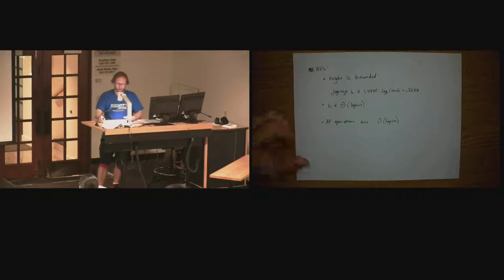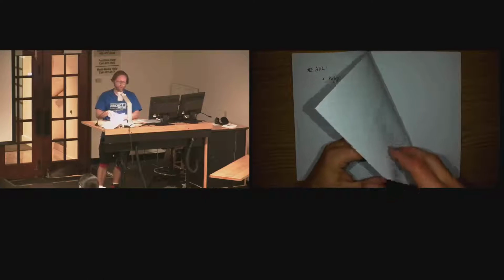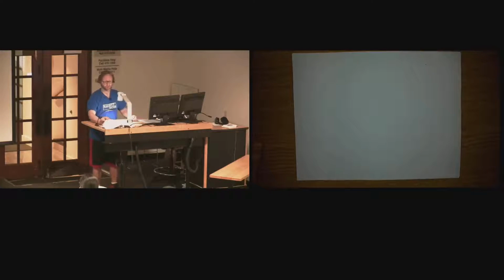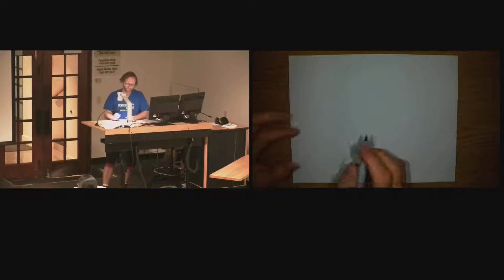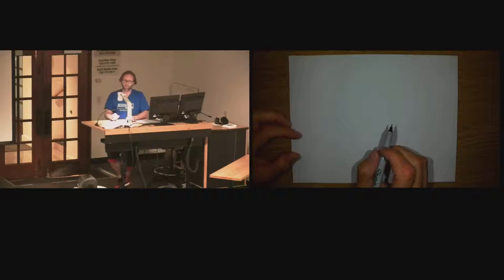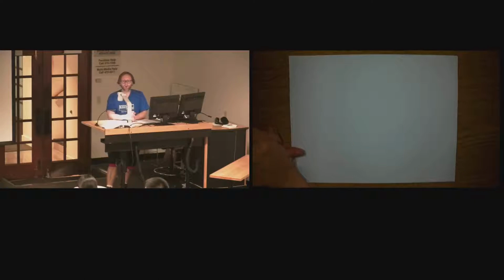Okay? And as I said before, there are at least a dozen different balanced binary search tree implementations, all based on other ideas. I'm going to show you one more, just to show you that there are a variety of ways of doing these things. This is a very restricted version of what are called B trees. B trees are used commonly in database implementations.